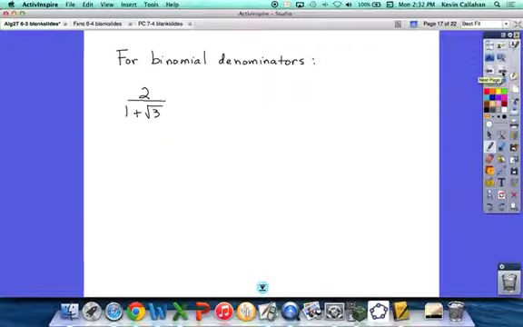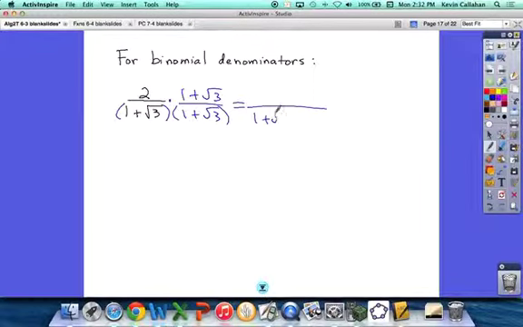Okay. For binomial denominators, if I multiply by 1 plus the square root of 3 over 1 plus the square root of 3, then in the denominator, I'm going to have 1 plus the square root of 3 plus the square root of 3 plus 3, which will be 4 plus 2 times the square root of 3.